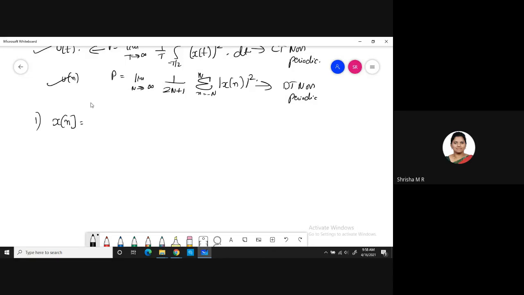So x of n is equal to 2 power n into u of minus n. What is u of minus n?